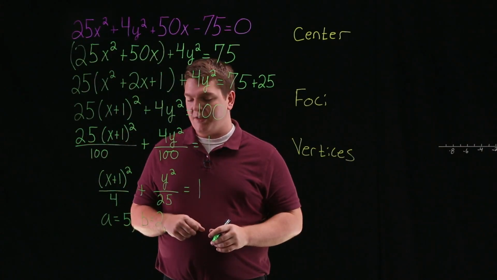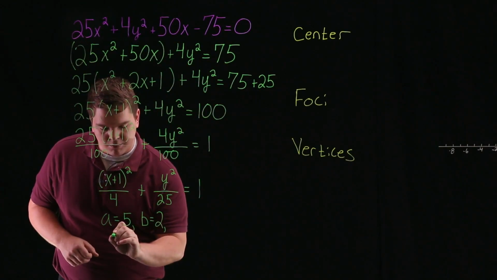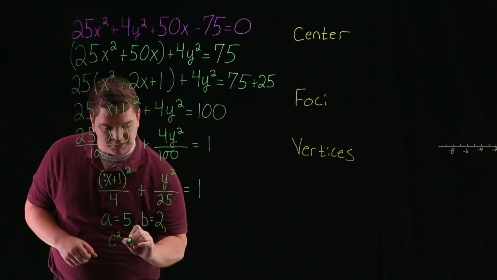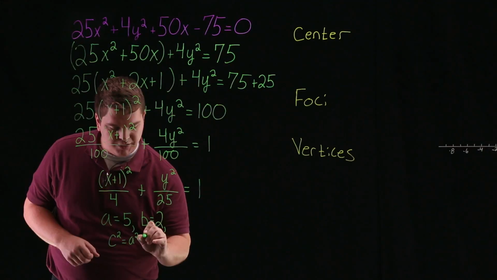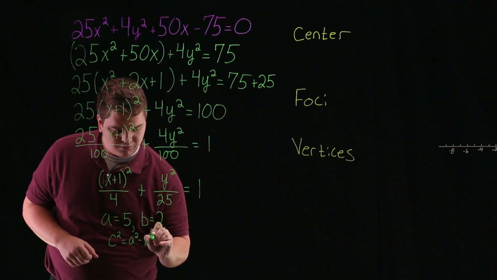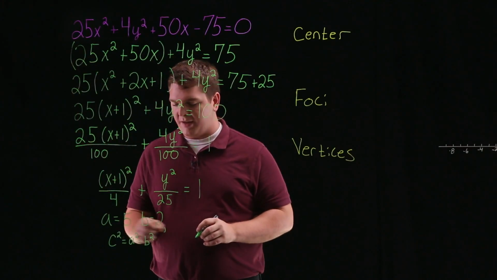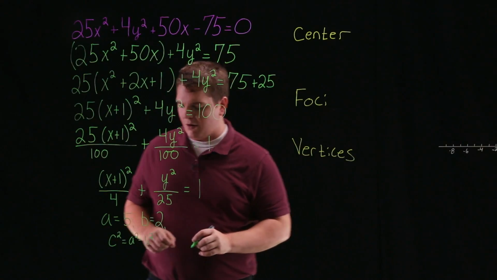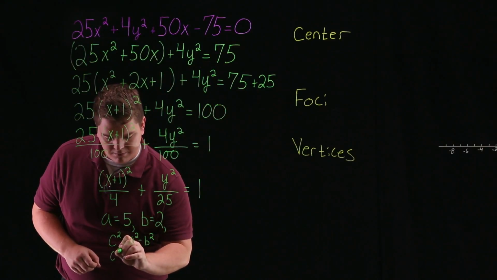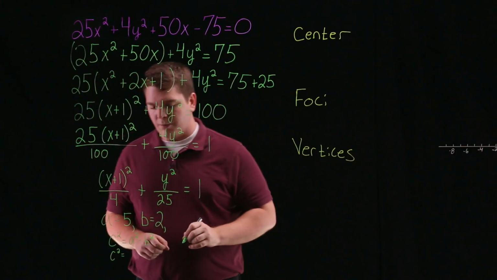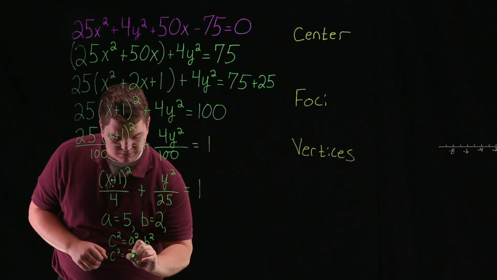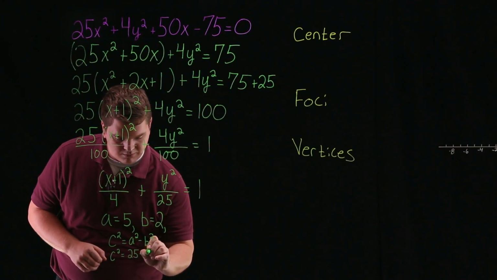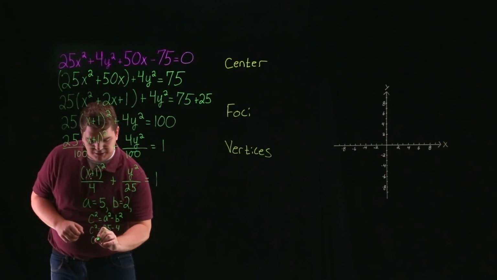And now we can find our c value. Recall that c squared is equal to a squared minus b squared. So in this case, c squared is equal to 25 minus 4. So c is equal to the square root of 21.